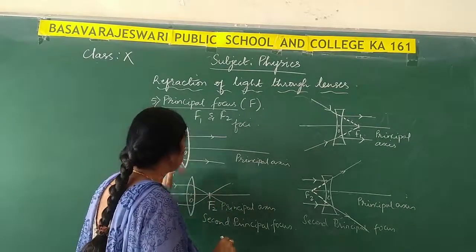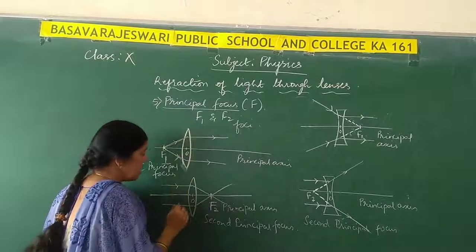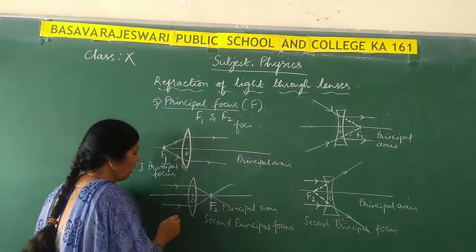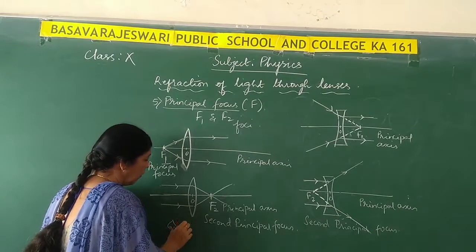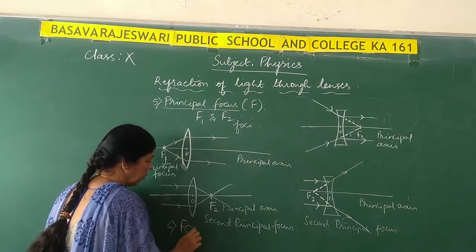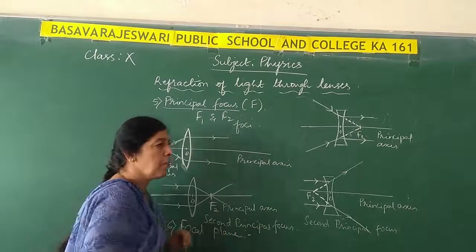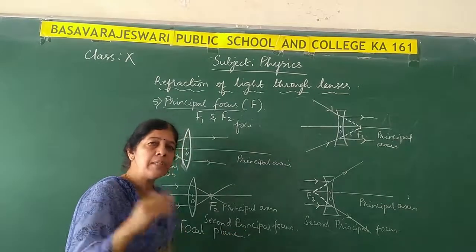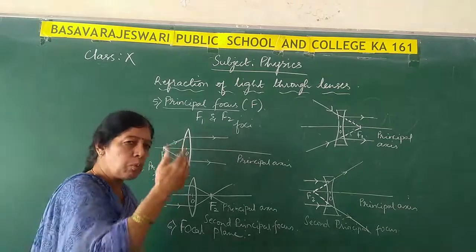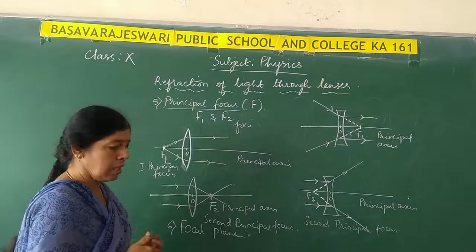Now coming to the next term related to lenses, the next term would be focal plane. Now, what is focal plane? Focal plane is the imaginary plane passing through the principal focus. Now, see here.